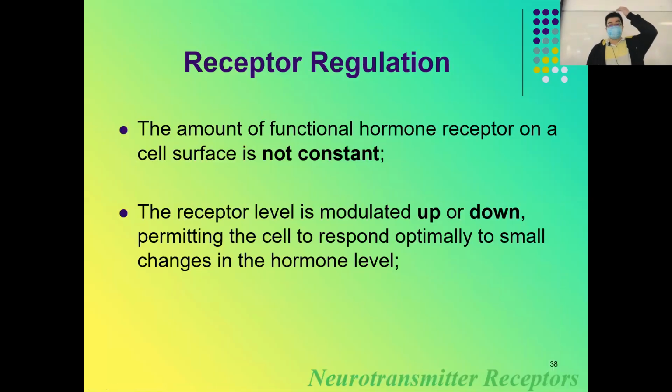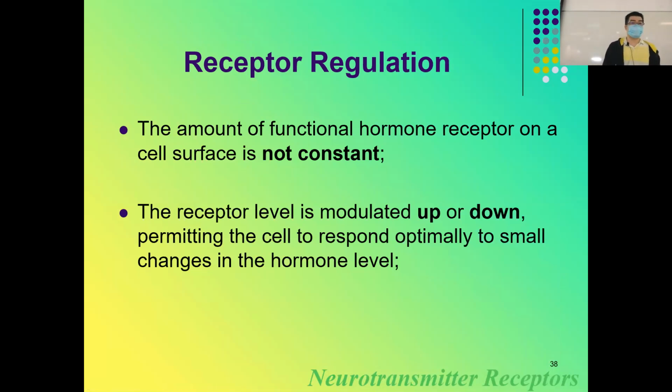Okay. So receptor regulation. Now, as we talk more and more, you will see that the receptor and the nervous system in particular, or actually all the cellular systems, are not unchangeable. It's always changing.